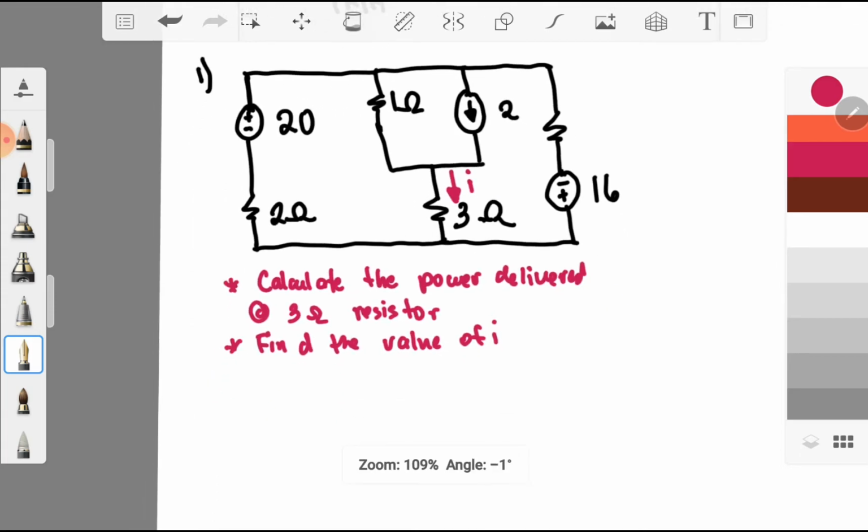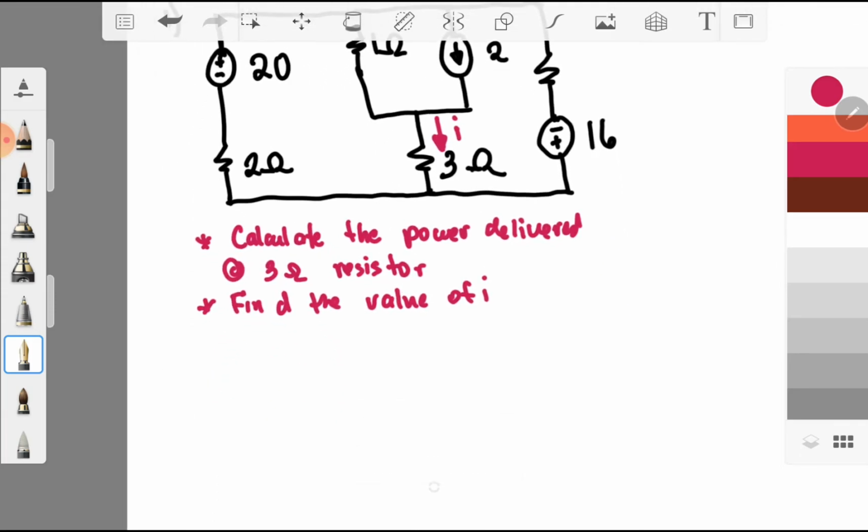It is understandable that your RL will be your 3 ohms. Okay? So solution, my RL will be equal to 3 ohms.